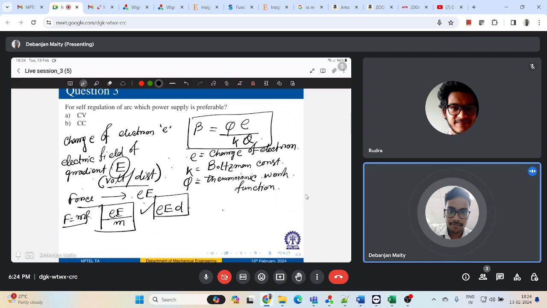What you see during welding, there is an increase in temperature because of that change in kinetic energy. The interparticle collision that takes place in the gap between those electrons gives rise to a process called thermal ionization. So this kinetic energy converting into heat is called thermal ionization.